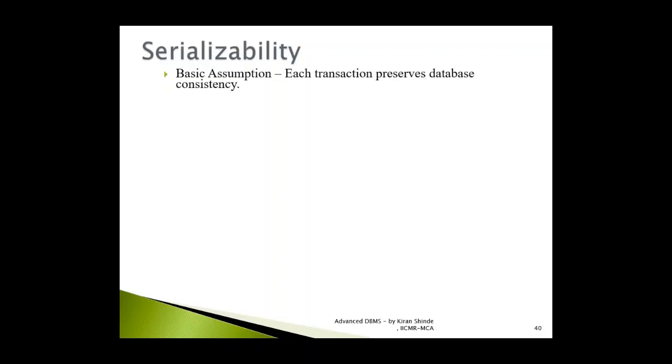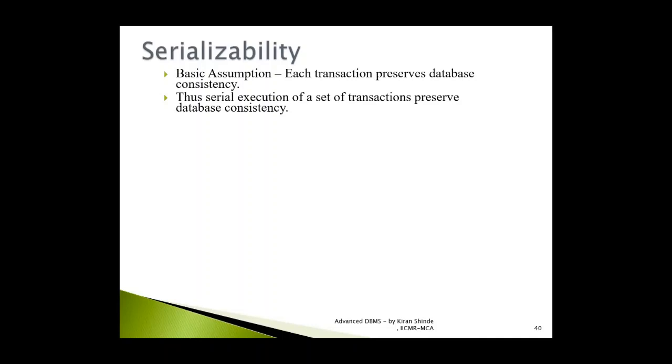Now, what is the basic assumption in the serializability concept? The basic assumption is that each transaction preserves database consistency. Thus, serial execution of a set of transactions preserves database consistency.